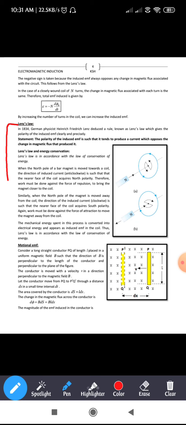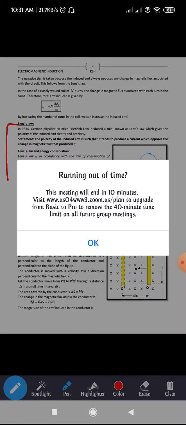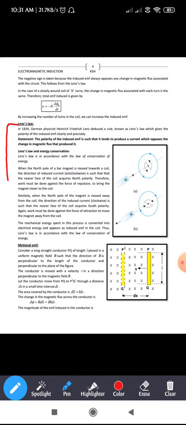The polarity of the induced EMF is such that it tends to produce a current which opposes the change in magnetic flux that produced it. Once again, the polarity of the induced EMF is such that it tends to produce a current which opposes the change in magnetic flux. That is the statement.